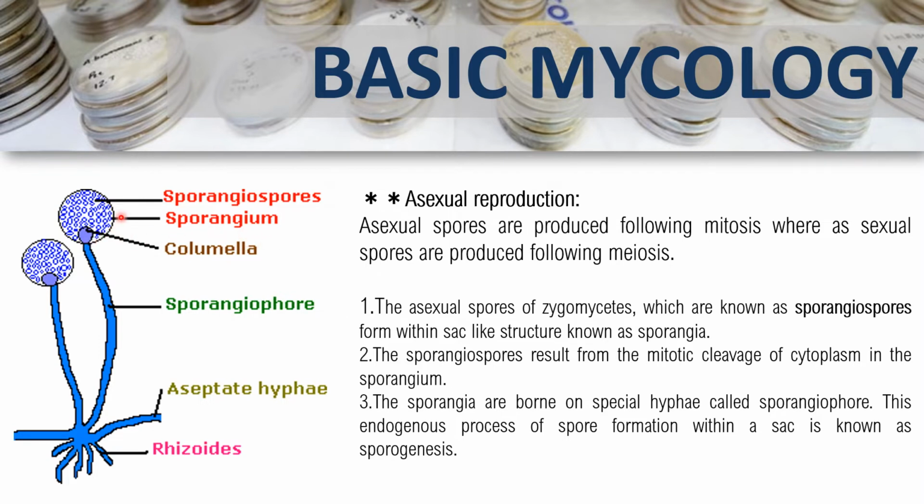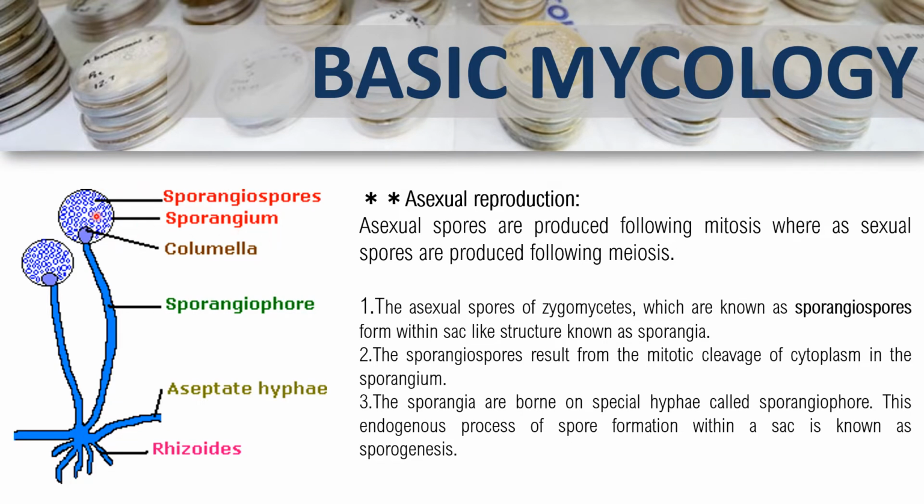So merong sac form, ito class, tawag naman dito class is your sporangium. Sa loob naman ng sporangium class, you have your mitotic cleavage of cytoplasm, sporangiospores. Yan. Pag may mitotic division na class, ang tawag sa kanya sporangiospores, which is nasa loob ng sporangium.